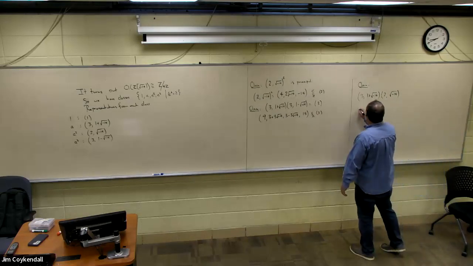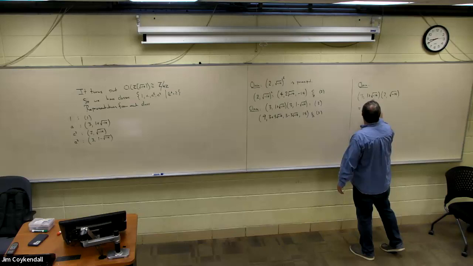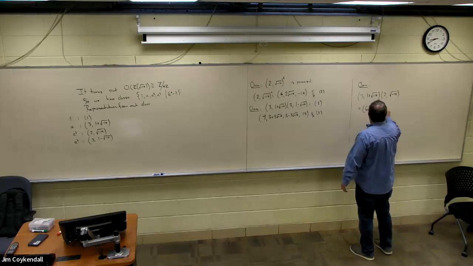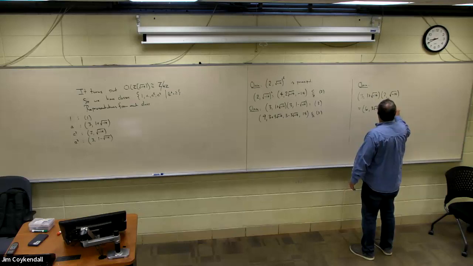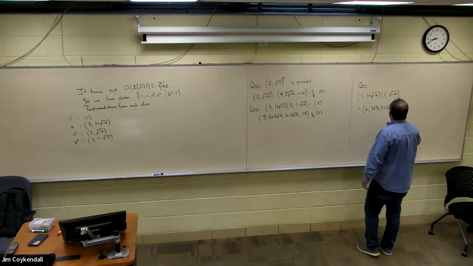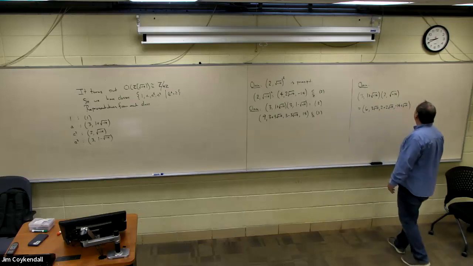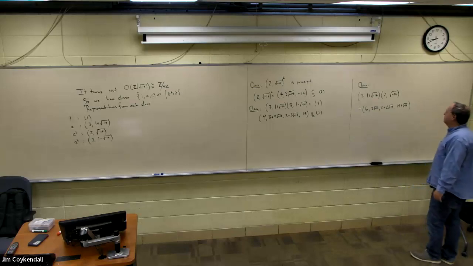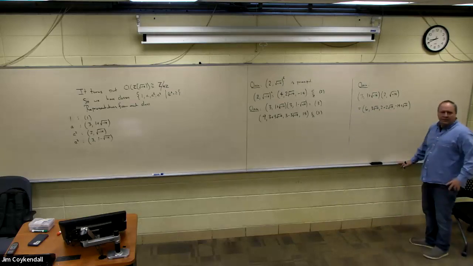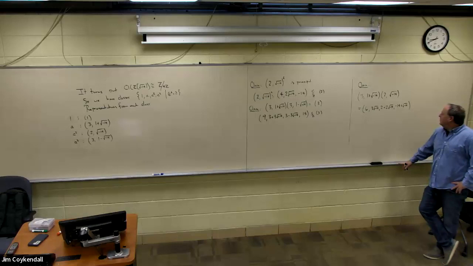If you multiply these, you get 6, 3, 3 radical negative 14, 2 plus 2 radical negative 14, and then minus 14, plus radical negative 14. Yes. Okay, so how do we shortcut this one down?